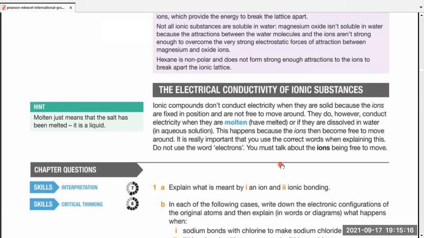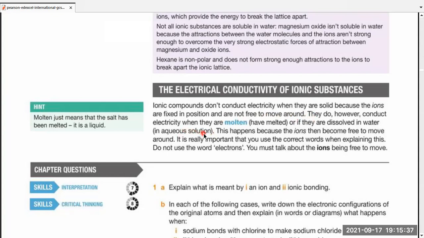Lastly, the electrical conductivity of ionic substances. Now this is going to be a little bit tricky and we're going to discuss three different states for electrical conductivity. First, ionic compounds don't conduct electricity when they are solid. In solid state, this is because ions are fixed in position, they cannot freely move around.